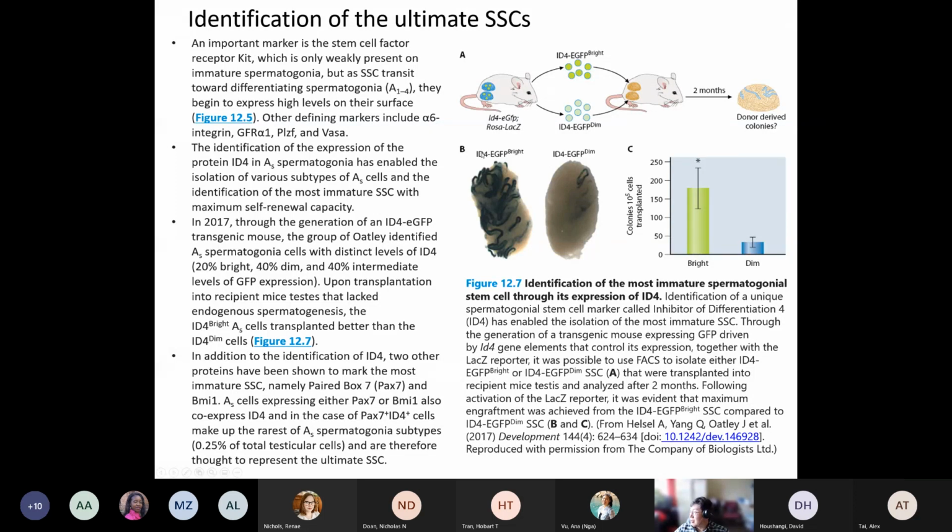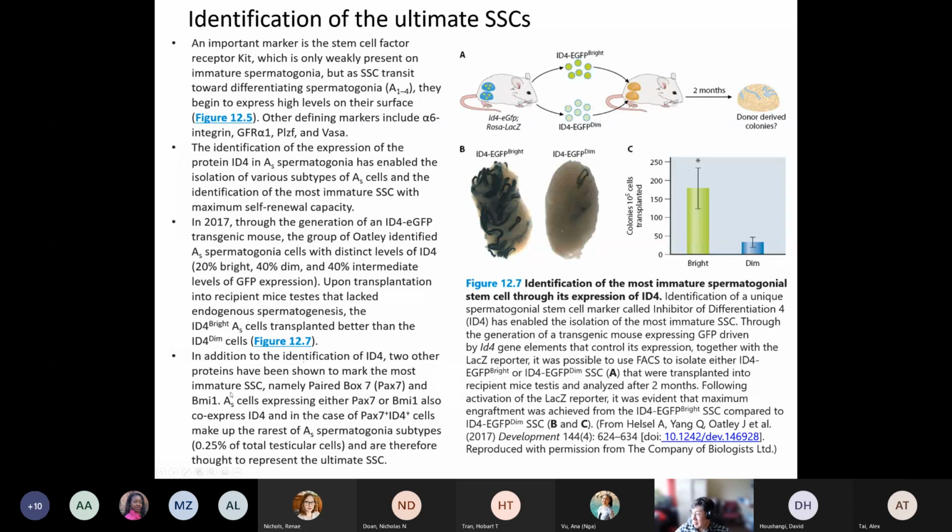That means in B, as you can see here, the cell not only has that ID4-GFP as a marker, but also has a ROSA LacZ with beta-galactosidase as another marker. Therefore, they can track the donor cells once they go to the new testis, the recipient testis. And as you can see here, the ID4-EGFP bright cells give rise to more successful transplantation.